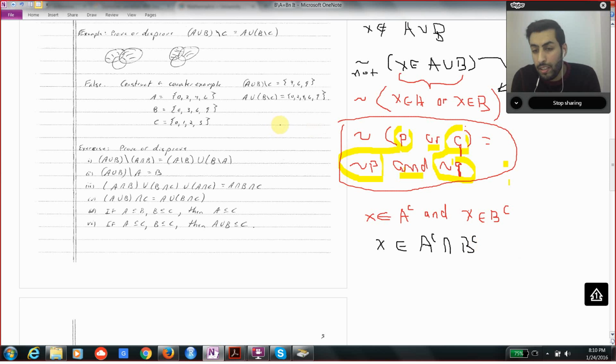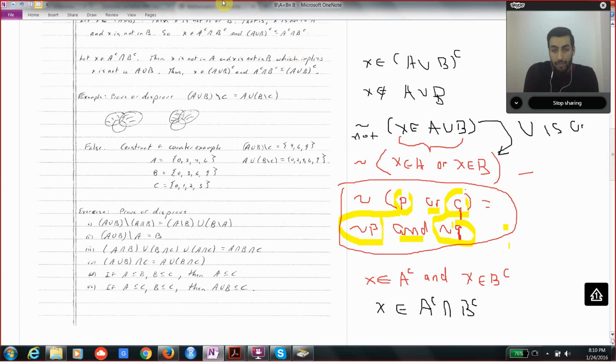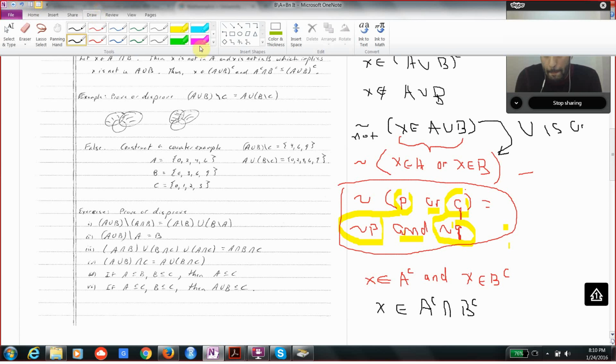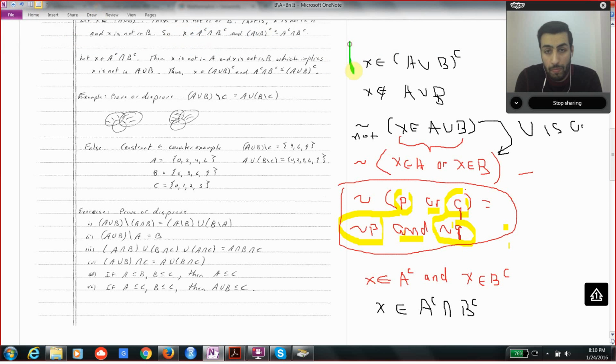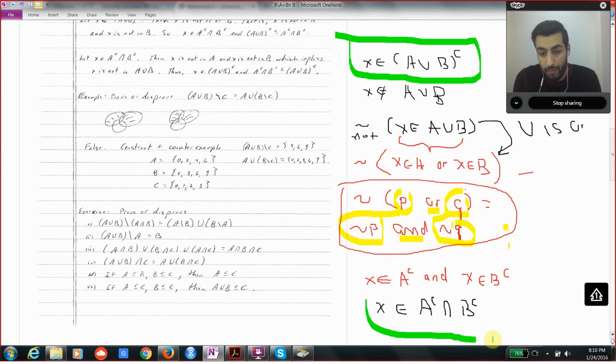And so notice, now, why did I go through all this work, right? Well, what did I show? I showed that if X is in this set, let's look at the big picture, I showed that if X was in here, this meant that X was in here. Well, that's how we proved that one set's a subset of another, right? I proved that any element from this set is in this set.